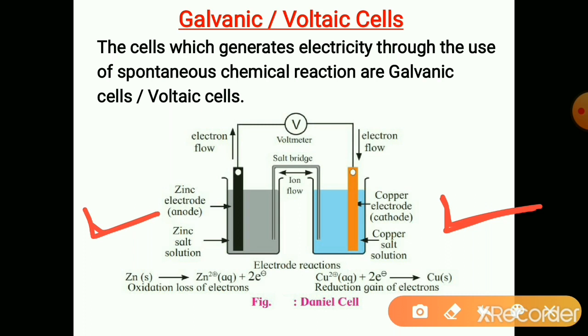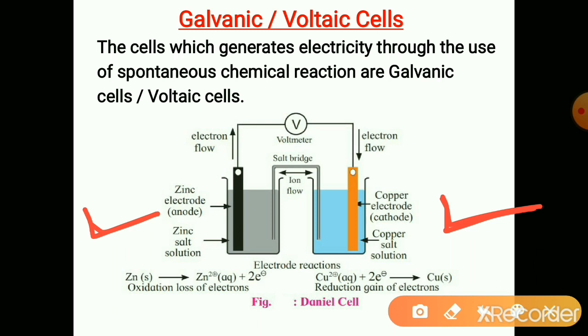Externally it is connected with the metallic wire, and internally it is connected with the salt bridge, and the electric circuit gets completed here. Now when the electric circuit completes, you will observe some deflection in the voltmeter.